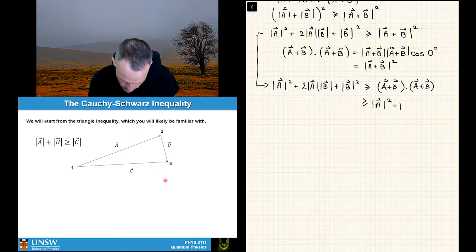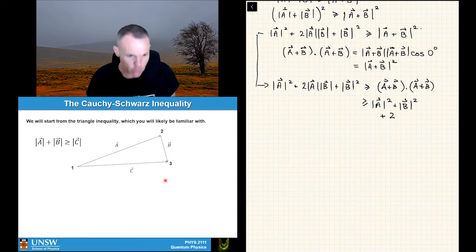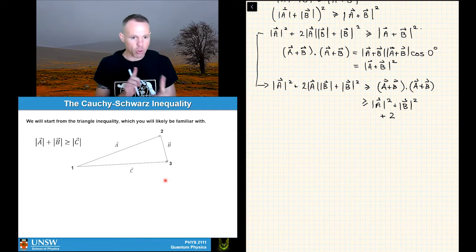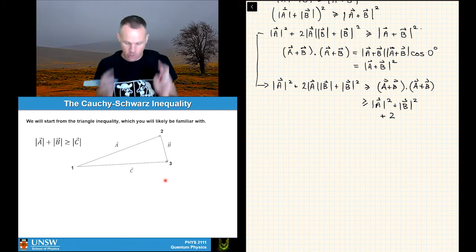So this will be the length of B squared plus the cross terms, and so they will be 2 A dot B, right? Because there's two of them. There's A dot B and B dot A. And we're just multiplying vectors here, and you know that with dot products, it doesn't matter which way around you do the dot product, you get the same answer.